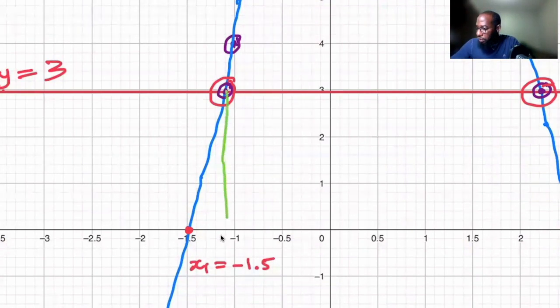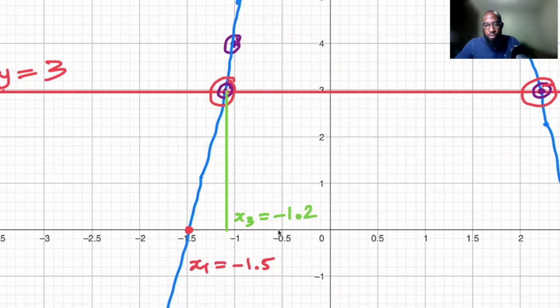This is our first answer, which I can call x3, is negative 1.1, because if you look at this here, each line is 0.1: negative 0.5, negative 0.6, negative 0.7, negative 0.8, negative 0.9, negative 1, negative 1.1. So we have this x3.